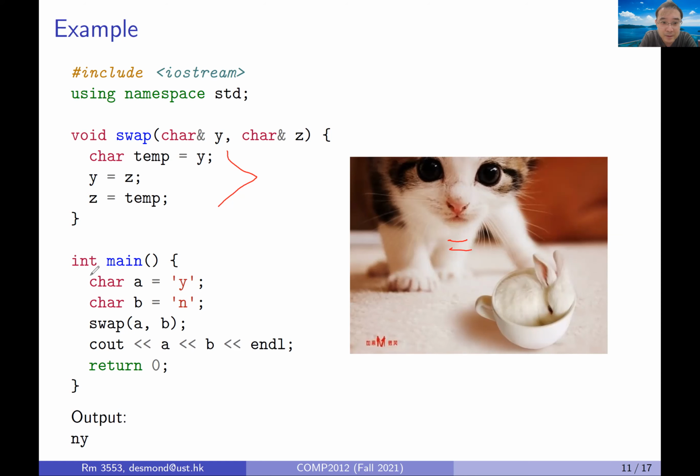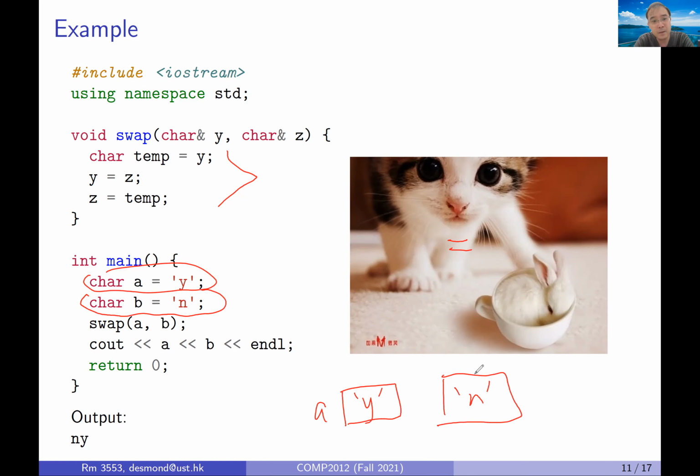Okay, this one. Char A, put the character Y. Char B, put the character N. Swap(A, B). Pass A to Y, pass B to Z. Everyone, do we need to define a new variable Y and variable Z? Please say no. Just nickname.